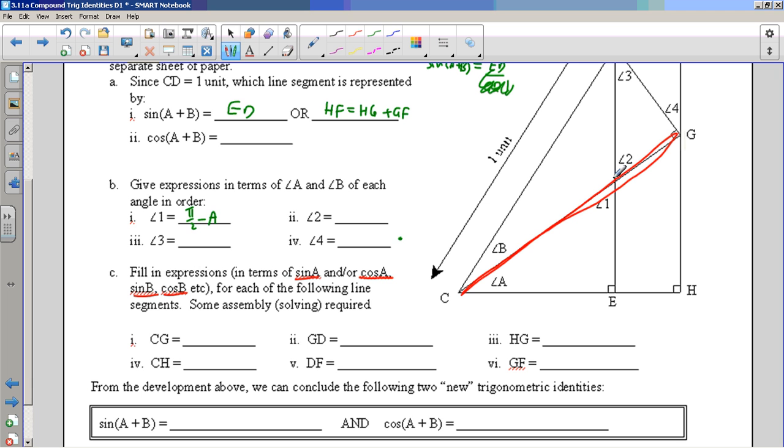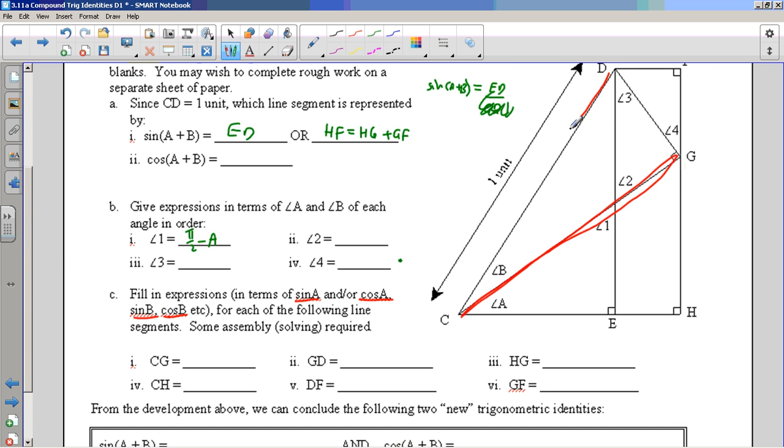Well, if I look in this triangle here, because this hypotenuse is 1, right? The side CG is the cos of B. Watch. Cos of angle B is adjacent CG over hypotenuse CD.